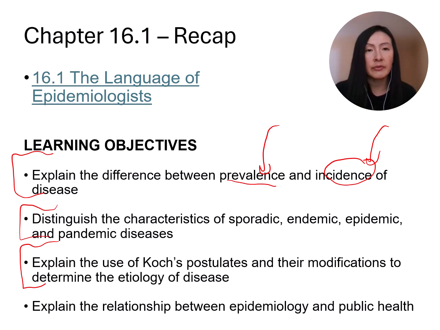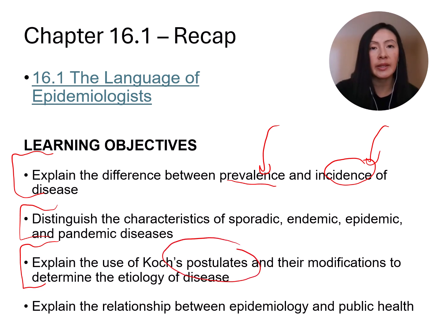The more modern version was molecular Koch's postulates, and those used genetic evidence to link specific virulence factors or genes to a disease when traditional culturing or infection steps were not possible. So again, these postulates help us identify the etiological agent, that causative agent, the pathogen causing the disease or outbreak, and help us confirm direct causation rather than correlation.